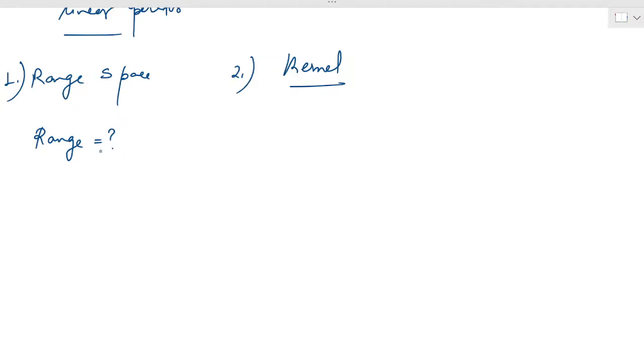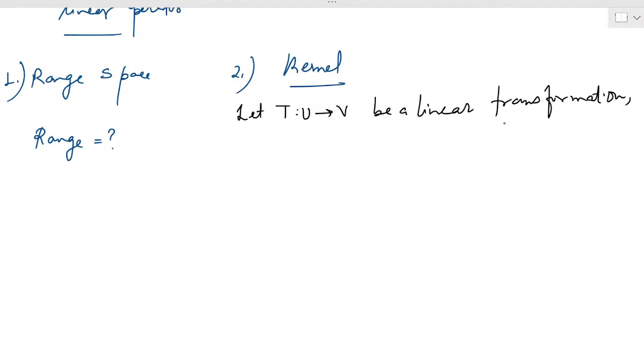Okay, what is range? Let's say you have a linear transformation T, so let us define a linear transformation T from U to V. The range of T, which I denote by R of T, is the set of the images.